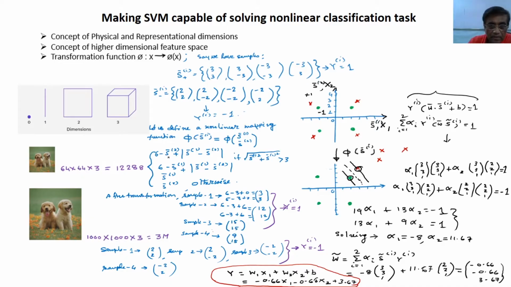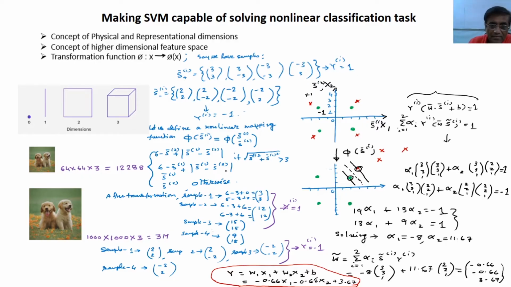So we have transformed all these 4 samples into a new form. Those are now 3, 3, 12, 12, 15, 15, 9, 15. Clear? Now for the negative class, sample 1, sample 2, sample 3, sample 4, they remain as they are.